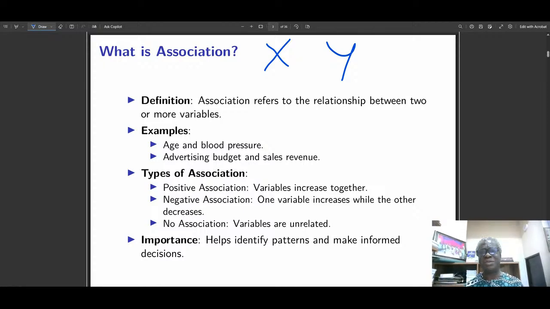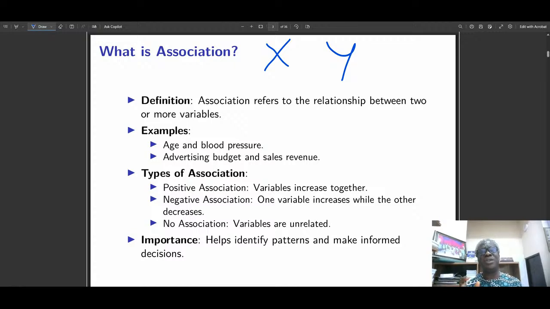Sometimes this is of interest to a business organization. So, do you have improvement in your revenue as you spend more to advertise your product? So, association is about establishing relationship between two or more variables.